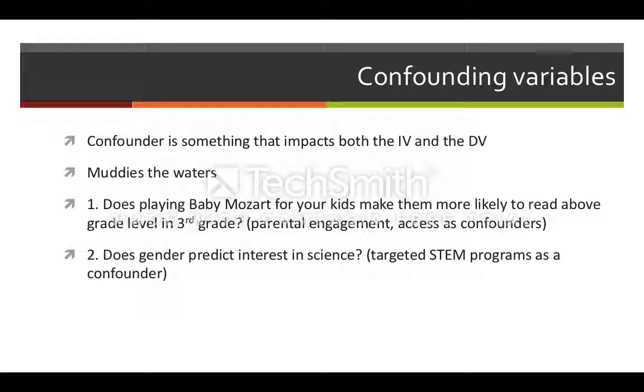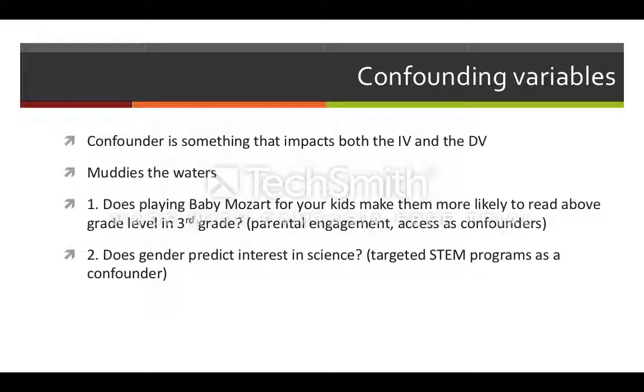Access to educational resources, so Baby Mozart, and also workbooks or pre-reading or reading exercises you might do with your children. Both of those things are confounders because they impact the independent variable and the dependent variable.